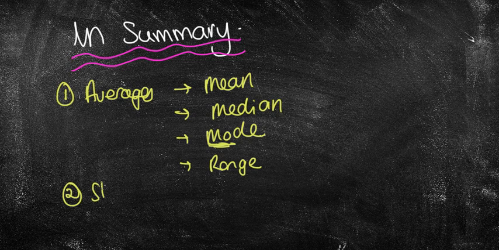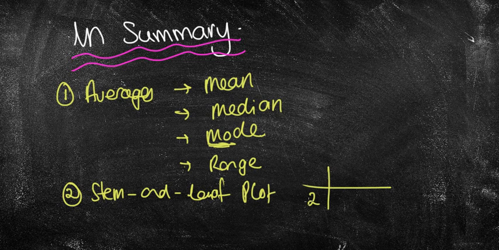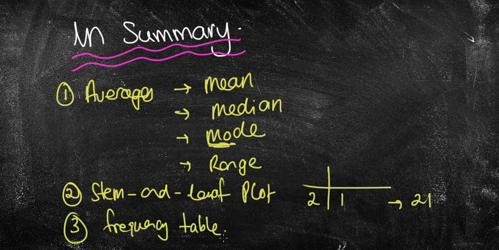We also looked at our stem and leaf plot, making sure that when we have our numbers, for example, a 2 and a 1 there would represent 21. And then lastly, we reviewed our frequency distribution tables. Particularly with the mean, that's the more challenging one, which is the total of the FX column divided by the total of the frequency.